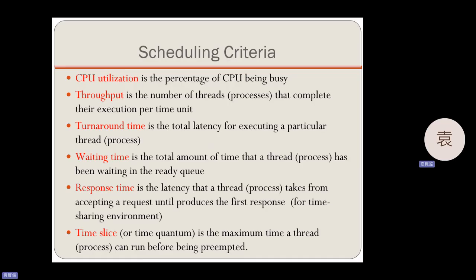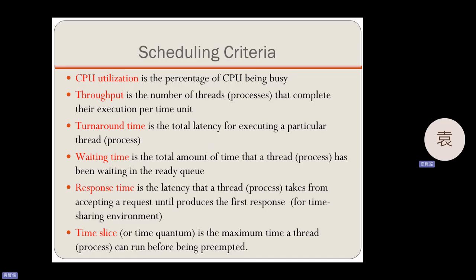Waiting time is usually defined as the total amount of time that a process is waiting for others, instead of using CPU. So usually waiting time would be the turnaround time minus total CPU time.